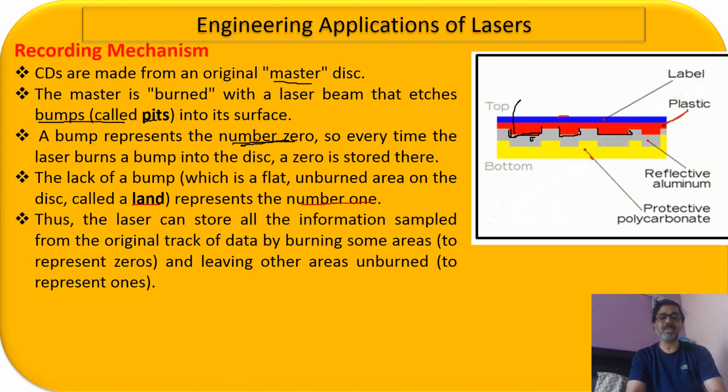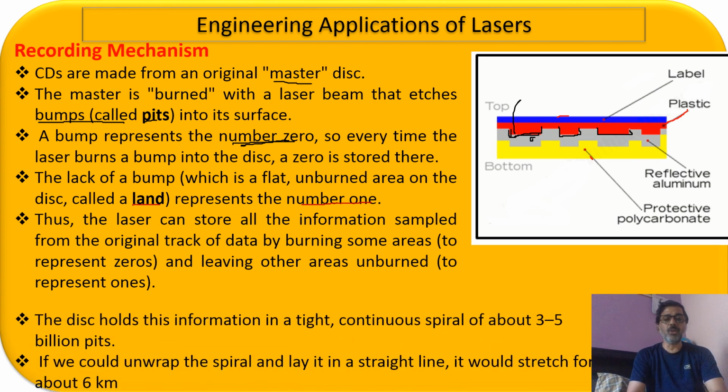Thus the laser can store all the information sampled from the original track of data by burning some areas to represent 0 and leaving other areas unburned to represent 1s. So the burnt area is represented by 0 and the unburnt area is represented by 1, and this is how we are going to record the data on the CD.